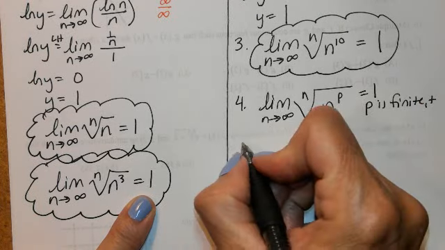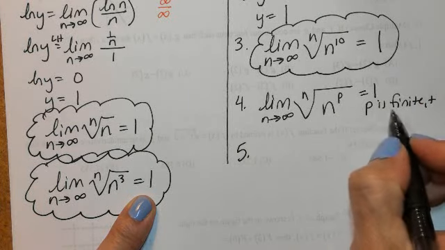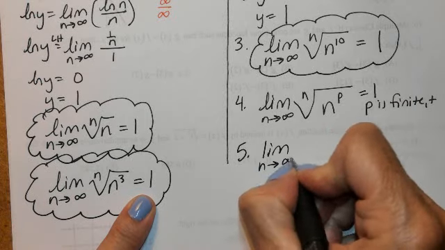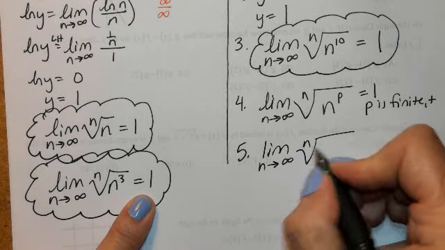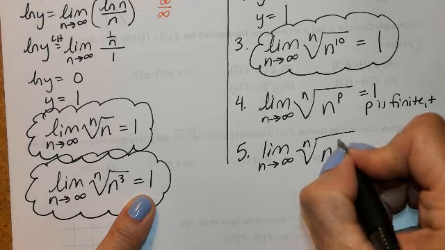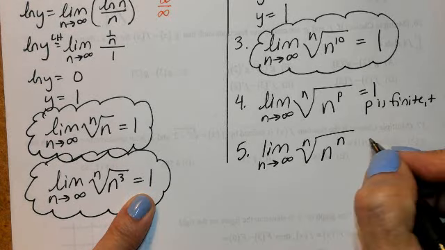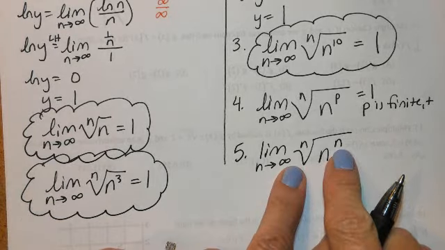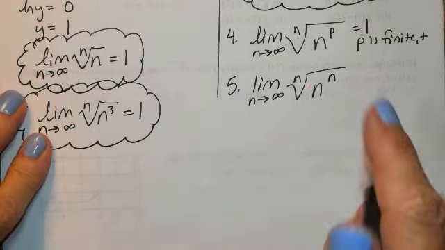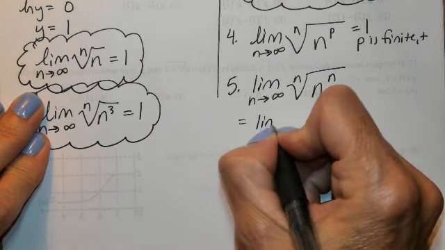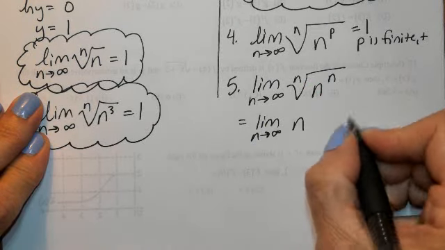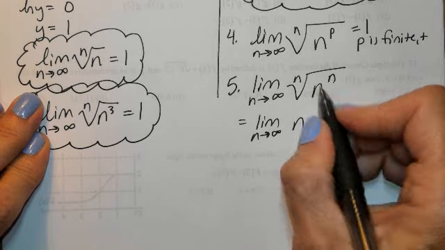All right, what about this one then? What if p is not finite? What if p is infinite? In other words, what is the limit as n goes to infinity of the nth root of n to the n? Because n would be going to infinity, right? Well, let's take a look at that. This would be the limit as n goes to infinity of n to the what power? n over n.